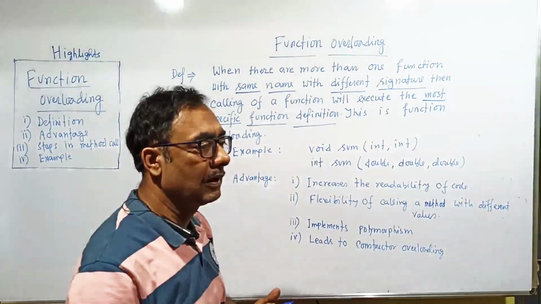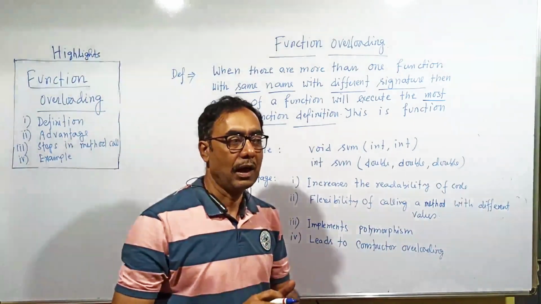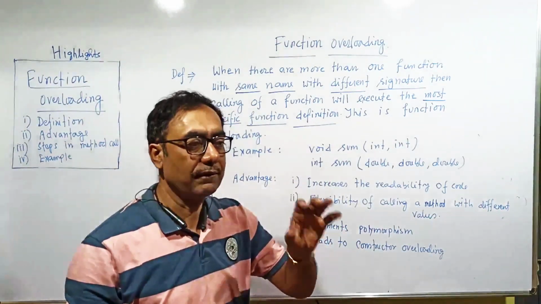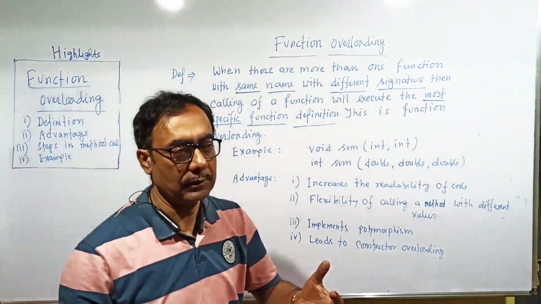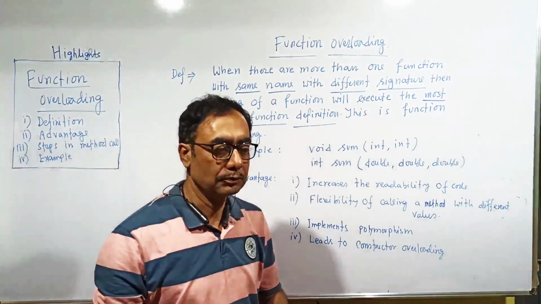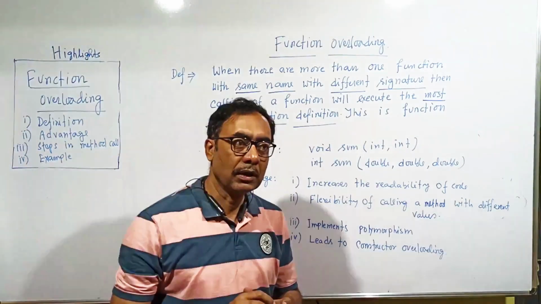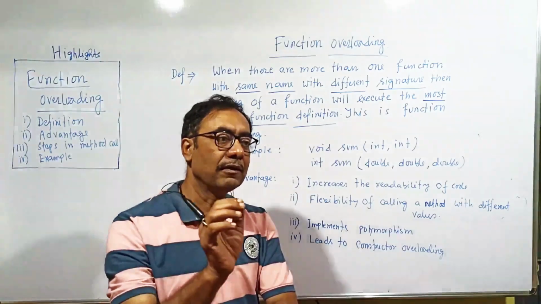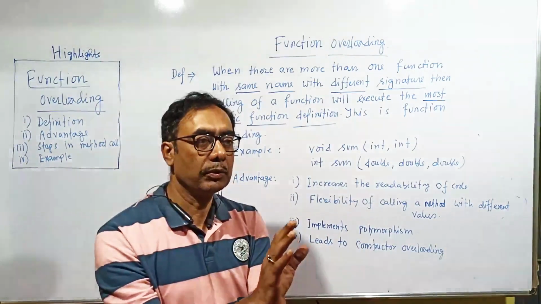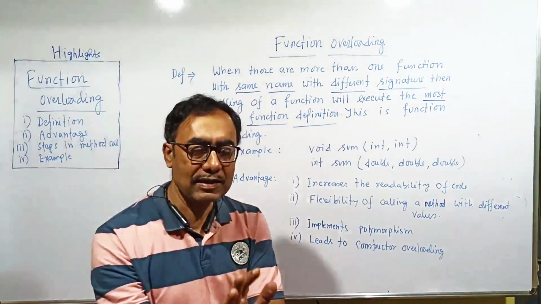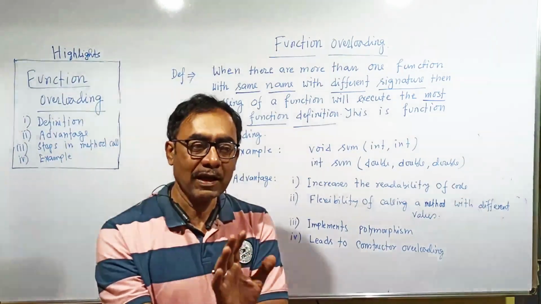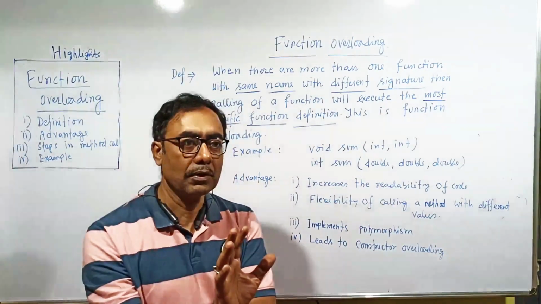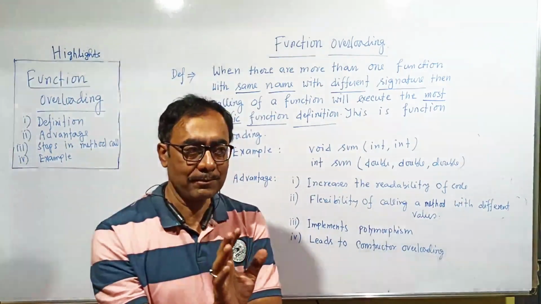That means whenever a function call takes place, out of many functions, the most appropriate function definition will be loaded or executed. So this is function overloading. In some of the books you will find that it is said that whenever there are a number of functions with the same name having different signature, then it is called function overloading. Now these are the primary conditions of function overloading to take place.